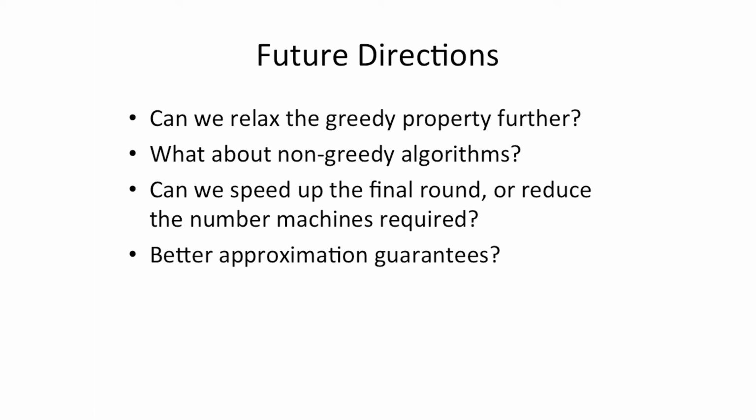So related to that, we have some follow-up work where we were able to get better approximation guarantees in more rounds. So for example, we can get the nearly optimal 1 minus 1 over e minus epsilon in 1 over epsilon rounds. So that work is on the archive if you want to take a look.